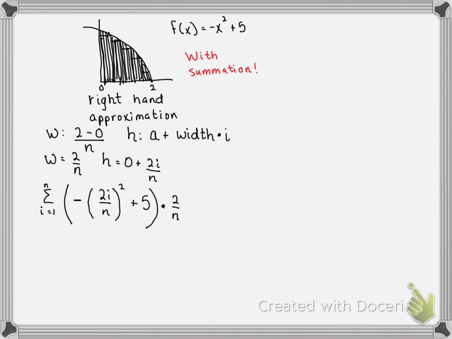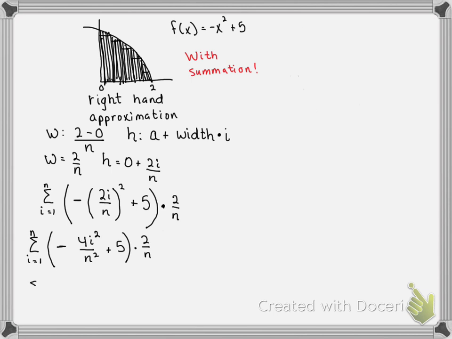First thing we're going to do is deal with that squaring. So we've got the sum from 1 to n, and yes, you do have to write this down every single time. When we square 2i over n, we will get 4i squared over n squared, and then plus 5 times the width of 2 over n.